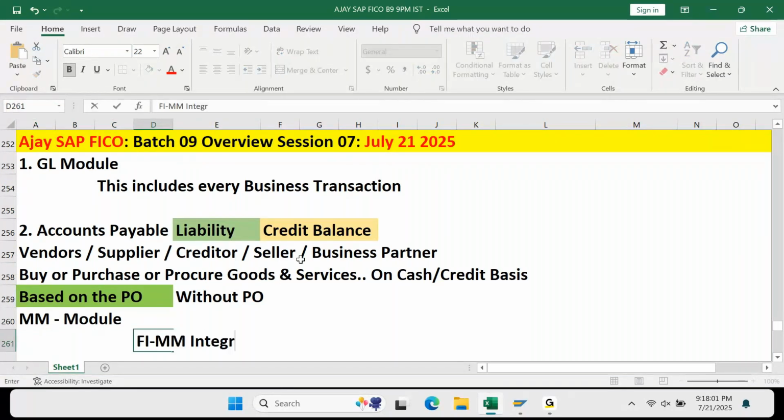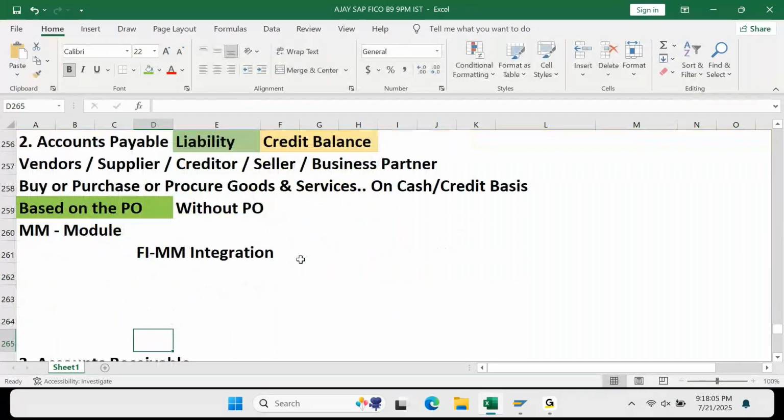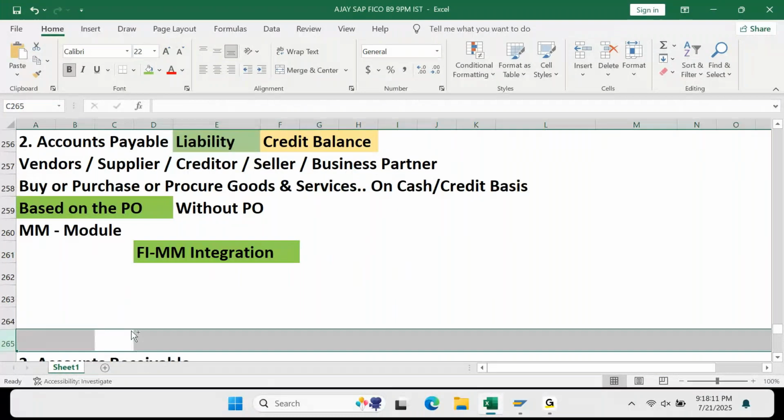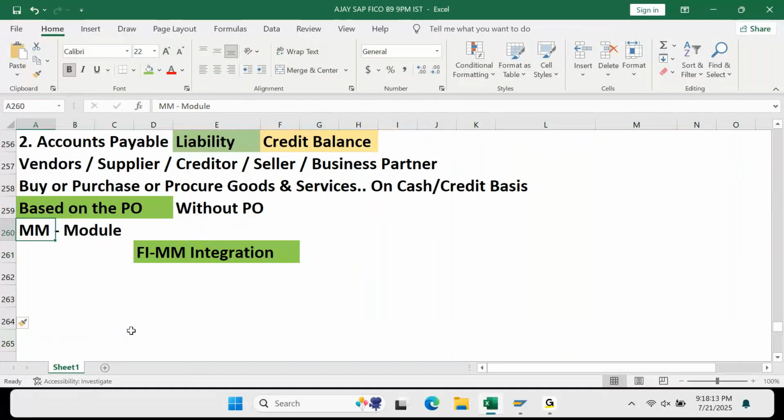If you tell anybody that you know accounts payable but you do not know FI-MM integration, is this valid or invalid? Invalid. People say, I am good at GL, AP, AR. Three strong weapons which people use in the market. They say, I'm very good at GL, AP, AR, I practiced them so rigorously, I'm very strong in it.